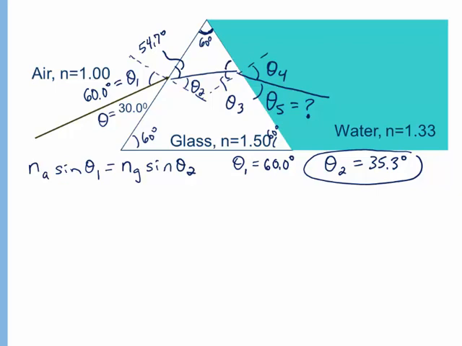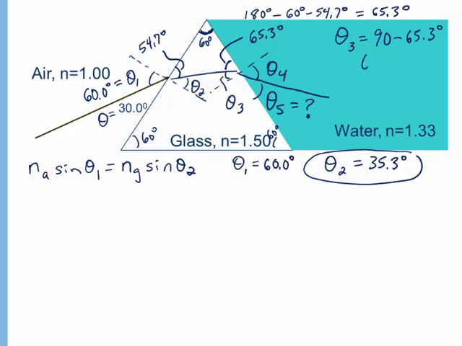In other words, I know that there are 180 degrees in a triangle, and if I subtract the 60 degrees and the 54.7 degrees, what I'm left with is 65.3 degrees. So this angle is 65.3 degrees. Now if I subtract that from 90, I can find theta 3. So theta 3 is 90 minus 65.3, and therefore theta 3 is 24.7.